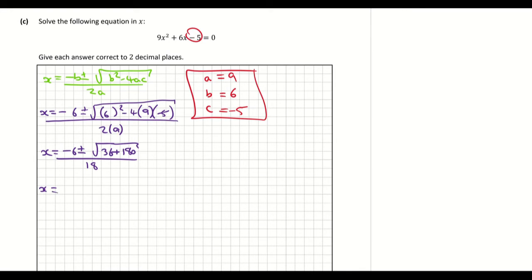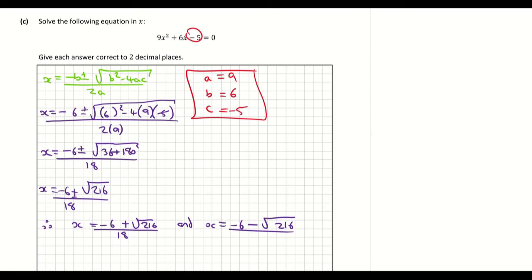X is equal to minus 6 plus or minus the square root of 216 over 18. So my 2 solutions for x are x is equal to minus 6 plus the square root of 216 over 18, and x is equal to minus 6 minus the square root of 216 over 18.